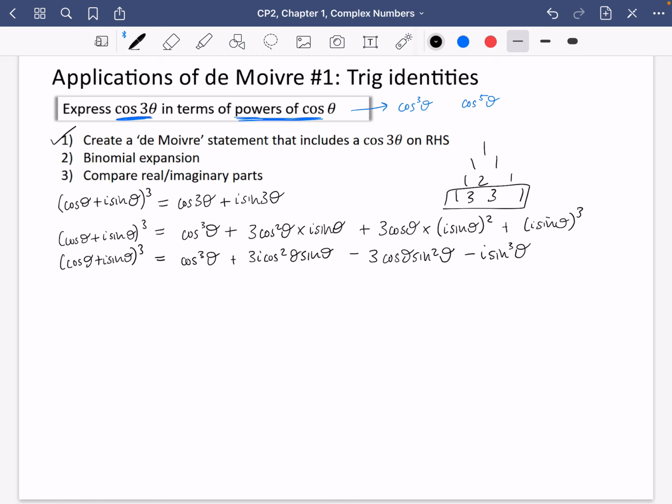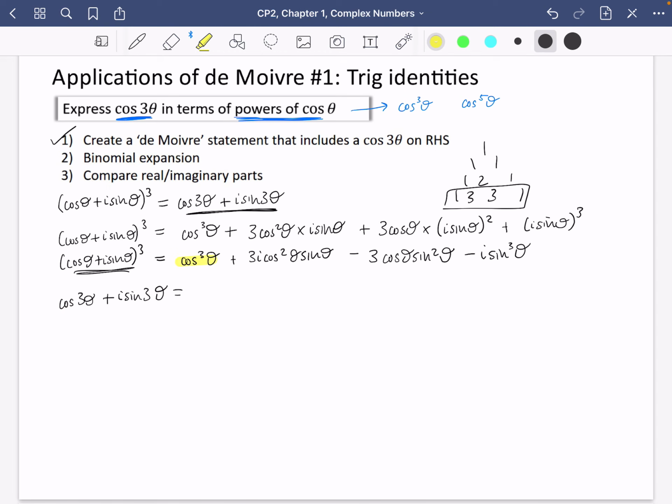Okay? And I also know that this thing here is the same as this thing here. So I'm just going to write that out. That cos 3 theta plus i sine 3 theta must be equal to this thing. But I'm going to write this thing with the real parts together, like I have here, and the imaginary parts together, like I have here.